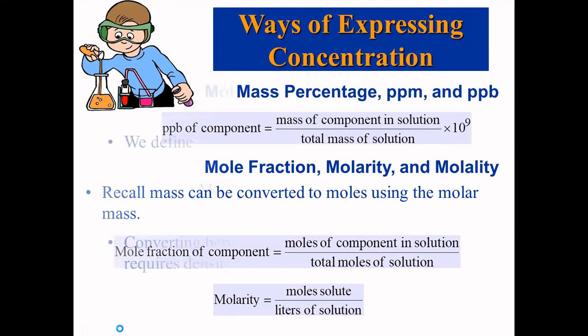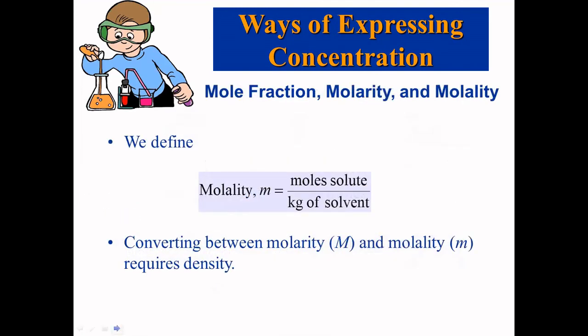The last one is what differs from all the other ways of expressing solution concentration. Most of them have the denominator in terms of solution: total moles of solution, volume of solution, or total mass of solution. This one has as its denominator kilograms of solvent.